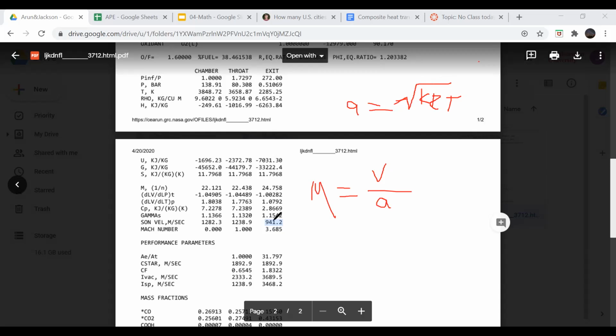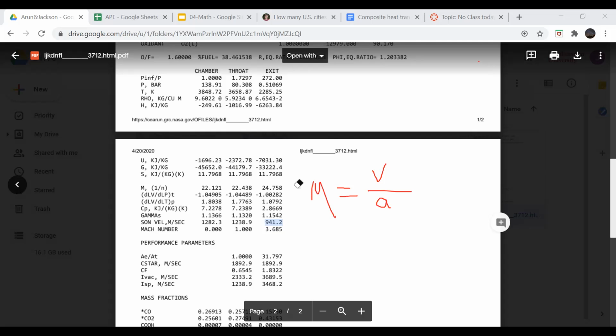That's why it changes at different points in the nozzle. But regardless, for reference, at normal room temperature in air, sonic velocity is 343 meters per second. So you can see here that because of the elevated temperature, we're about 3 times that. Very, very fast.